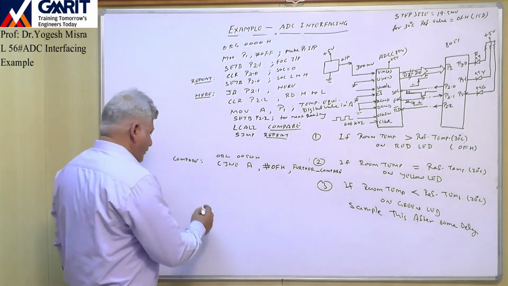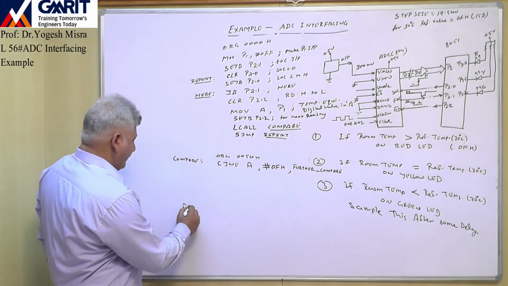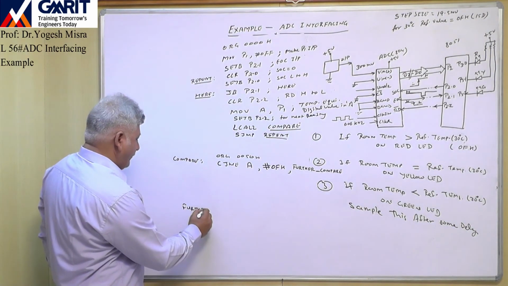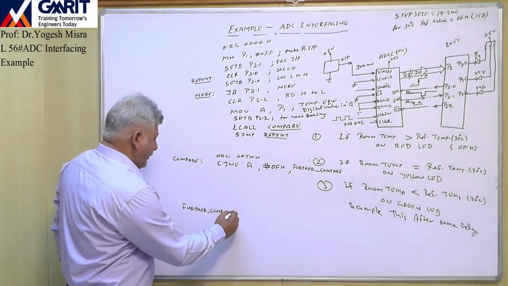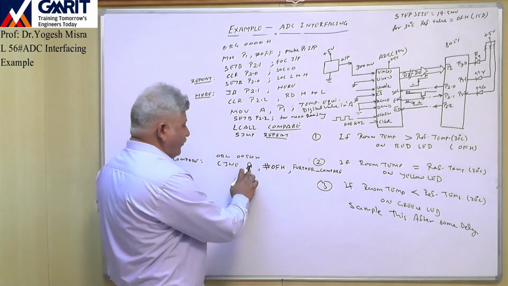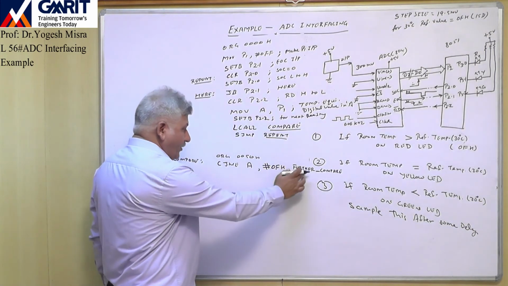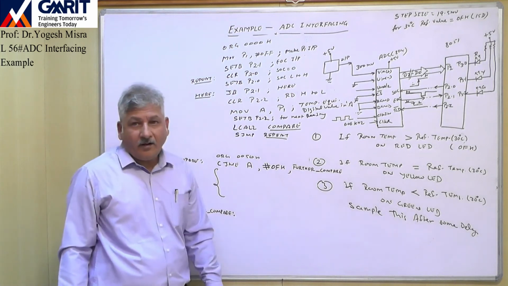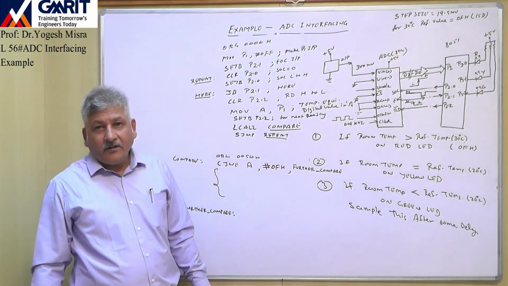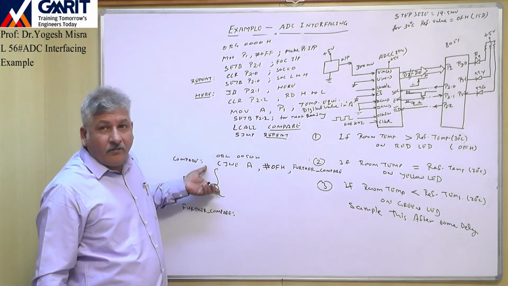Right? So we will come to this place if both room temperature and reference temperature are not equal. Otherwise, if both are equal, then we will come to this place.